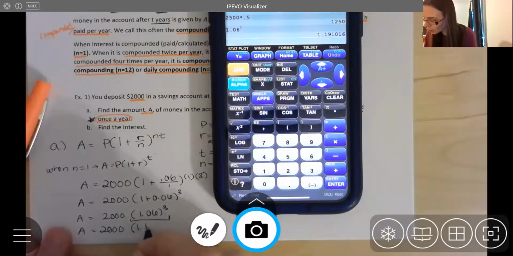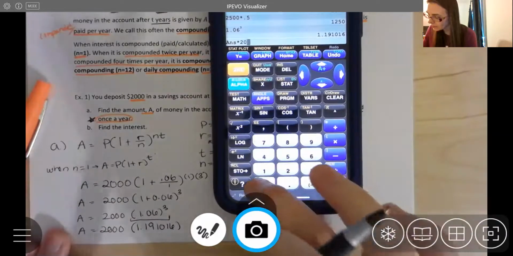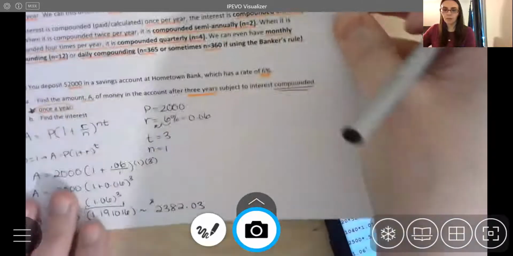And I'm just going to use all the decimal places, which is really important. I'm going to multiply that by 2,000. So I get about $2,382.03 if I round to 2 decimal places. Let me just move this up a little bit for you guys to see.